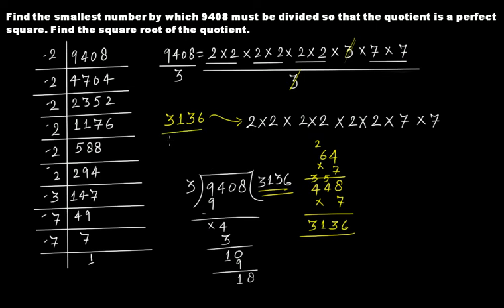You're getting this number. It means that this is the quotient, and this quotient is a perfect square.